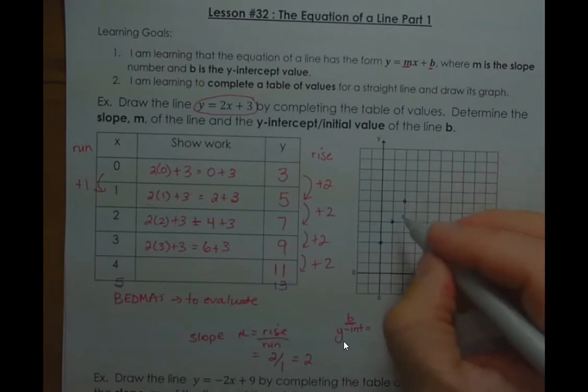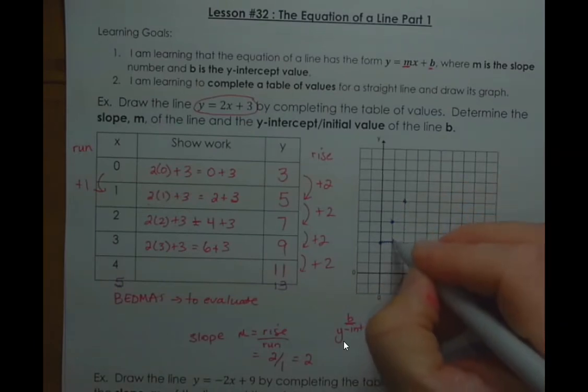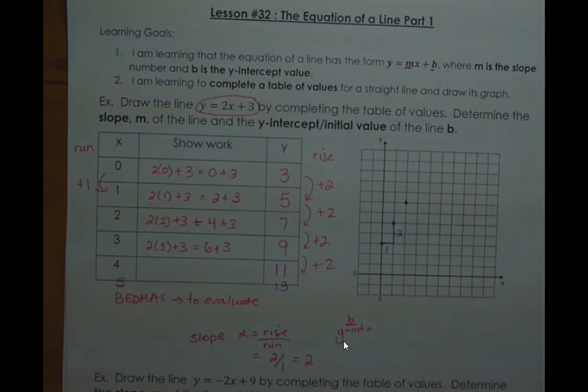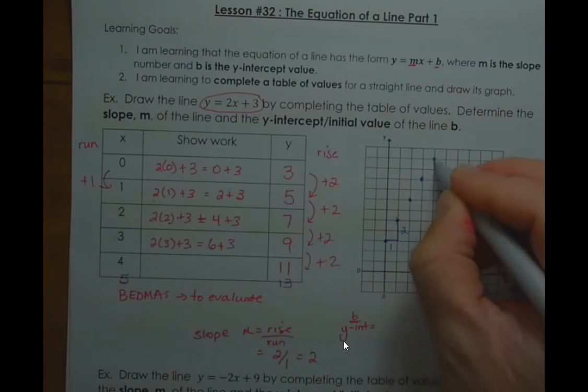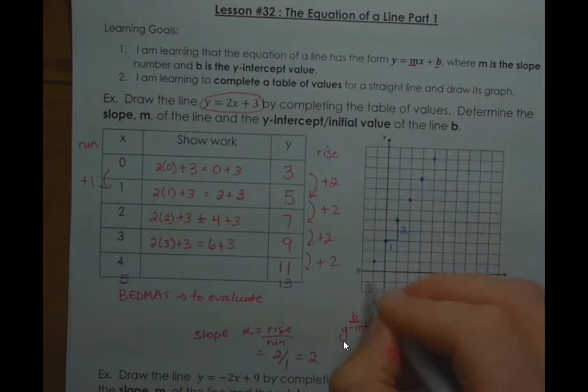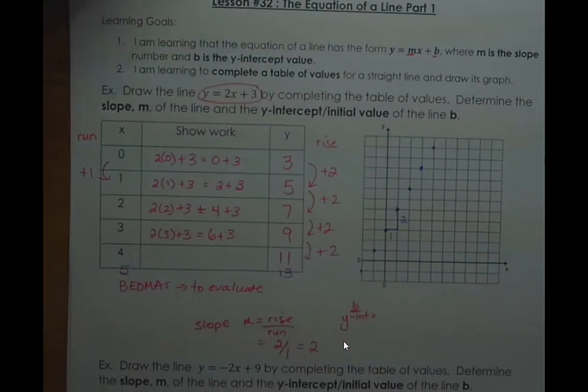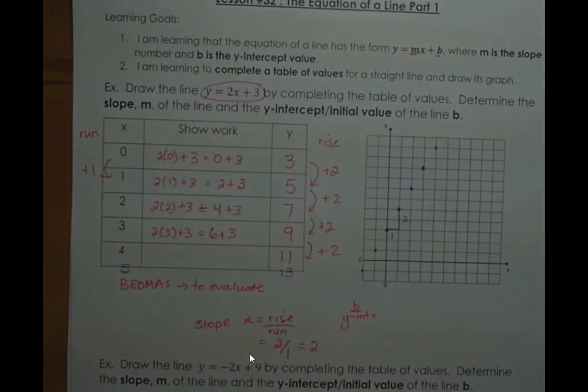There's a pattern. If I've gone over 1 up 2, that's what the slope looks like. So I can predict, if this is a linear line, even going backwards, I can draw that line.